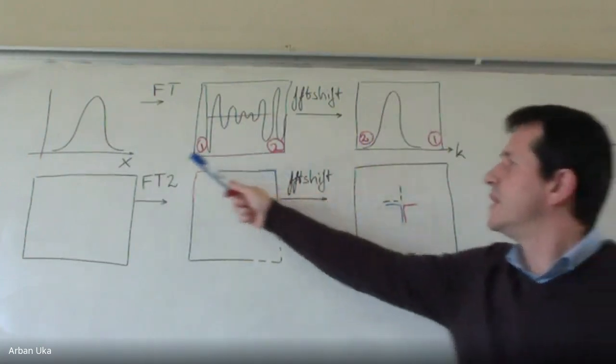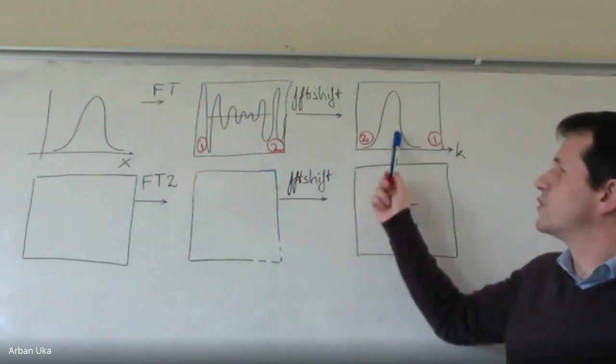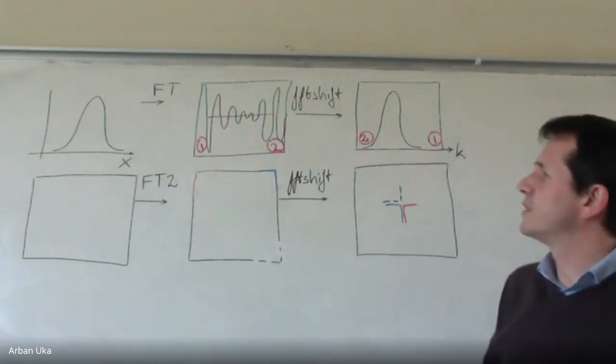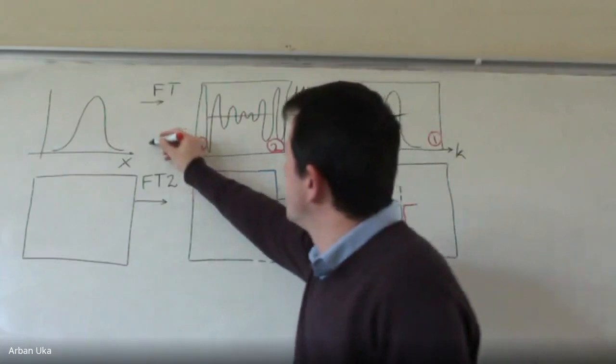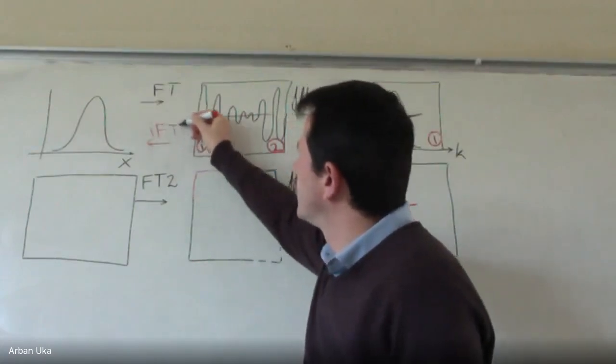So if you come from this domain to this domain through a Fourier transform, we should get a Gaussian. If we go backwards with inverse Fourier transform, we should get a Gaussian again. So this would be considered the inverse Fourier transform.